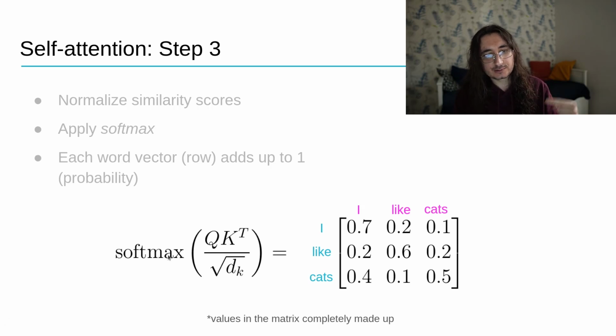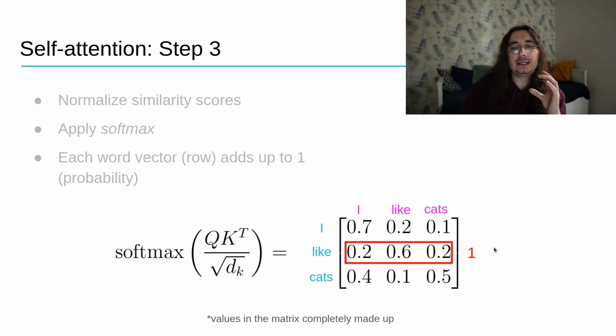We've applied softmax here, and it turns out that we get something like this. So we have I like cats like on the rows and I like cats like on the columns, and you'll see that if we take, for example, the word vector for a row and you add up all the values, they are going to sum to 1. That is equal to the total probability. So you can think of all of these items as a sort of probability now. Okay, so now we have a quite nice normalized similarity score.